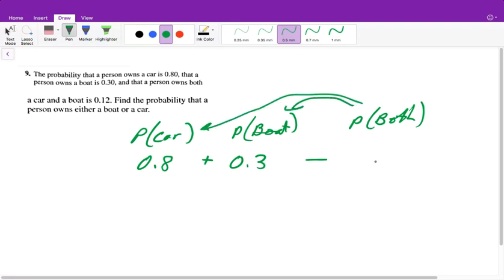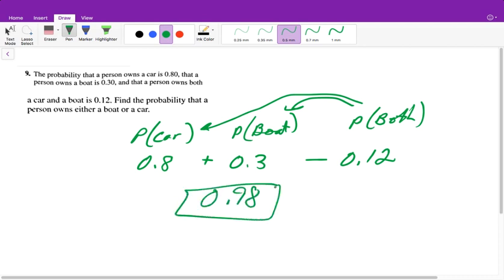So we don't want to count the person twice because a person is only one person. So that is then 0.12. We would add these up. So this would then be 1.1 minus 0.12, which is then going to give me 0.98. Right, so that's the odds or probability that they own either a car or a boat.